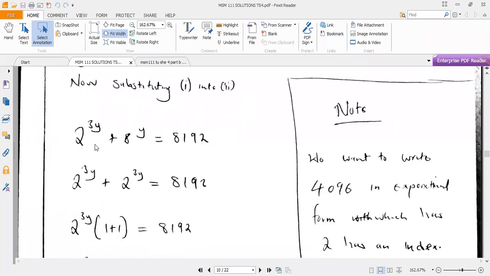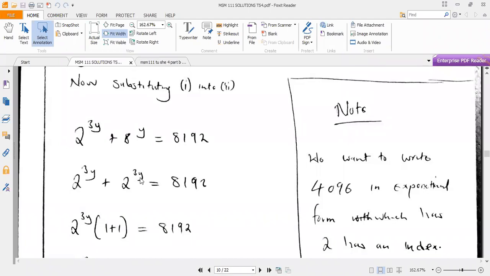The 8 can also be manipulated, since it's 2 to the power 3, so 8 to the power y is 2 to the power 3y. Now we have 2 to the power 3y plus 2 to the power 3y.